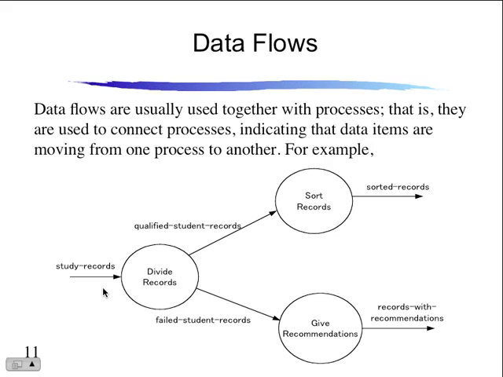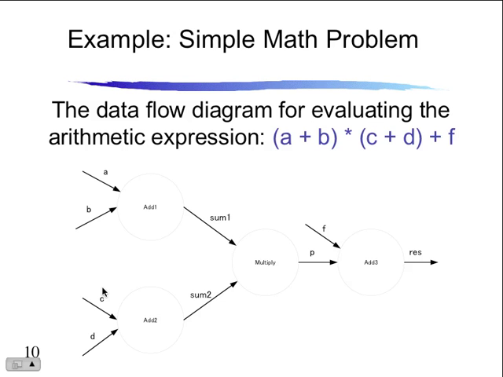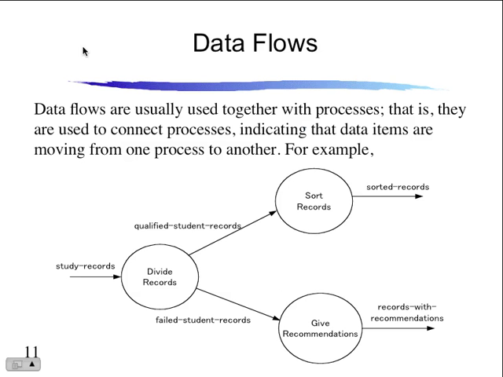Sometimes, as you've seen in the previous example actually, the data comes in, and where did A and B come from? Or C and D? We have no idea, it's not our concern. So we don't have anything out here, it's empty. Where did these study records come from? I don't know. They just came from somewhere. So this is another thing that's different in a data flow than an entity relationship. If you have this in an entity relationship, you'd be like, what entity has the relationship with this?